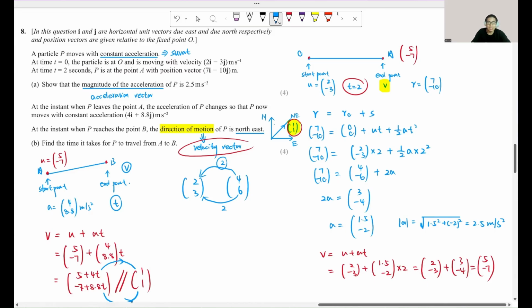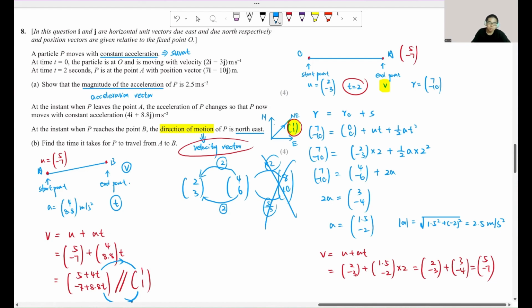The scale factor for both i and j components are equal. That's why they're parallel. (4, 6) is not going to be parallel to (8, 10), because the scale factor for the i component is 2, but for the j component it would be 5 over 3. They are not the same, so they are not parallel.